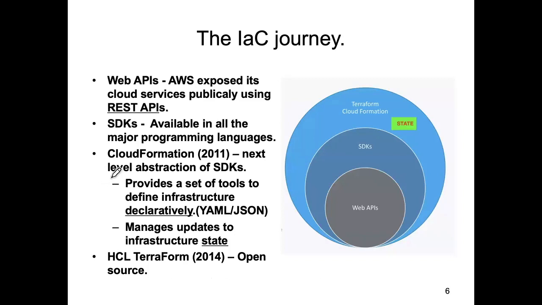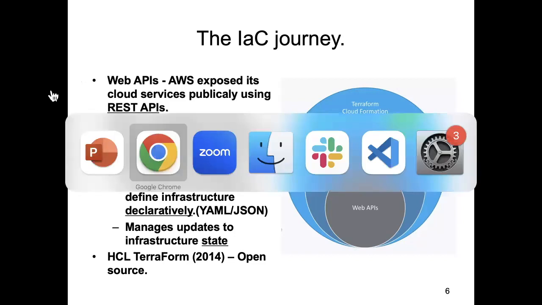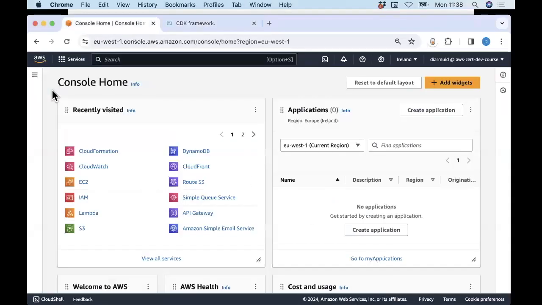Just taking a step back, so I haven't introduced CDK yet. This is another way of looking at how things have evolved over time. So at the very beginning, so AWS dates back to around 2006-ish. And back then, the only way we could create resources is through the web interface, which, in other words, is here, right? We had to manually go into each service.